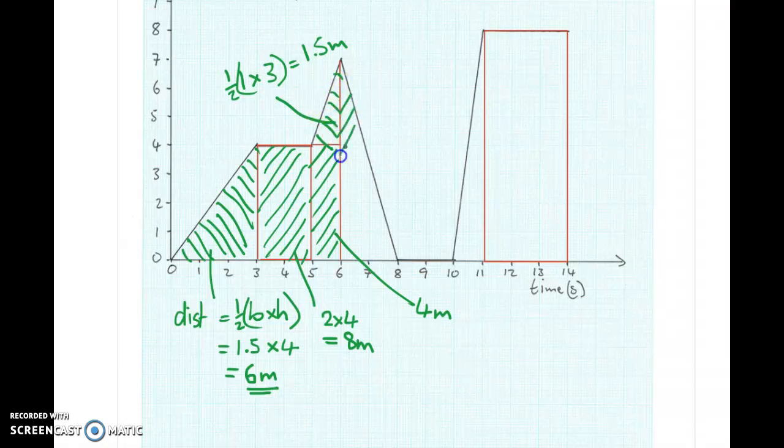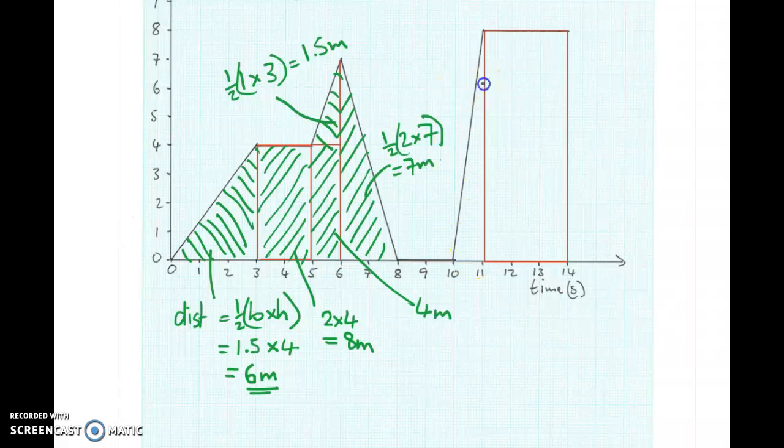And then this particular one, it's half the base times the height of the triangle, so half of 2 times the height of 7. So that's going to be 7 meters for that bit.